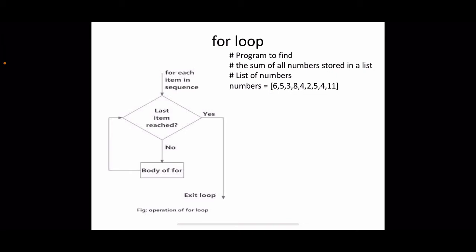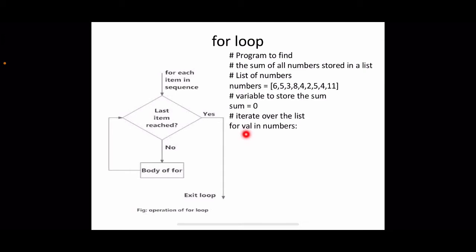We have to find the sum of all numbers. Like any simple logic, we can use a cumulative sum variable, say sum, which is initialized to 0. After each iteration, we will add one value from this list into this sum variable. That is the procedure.